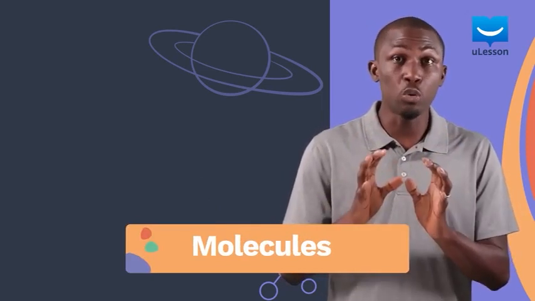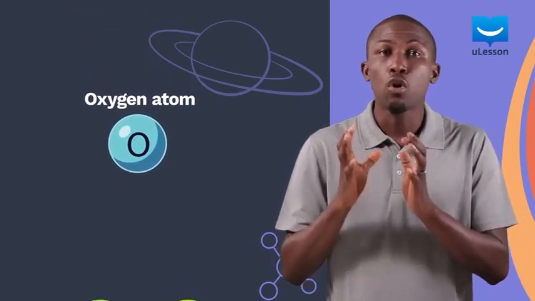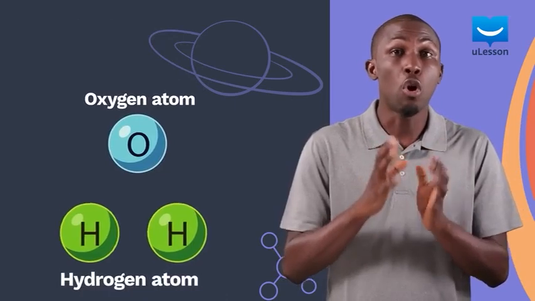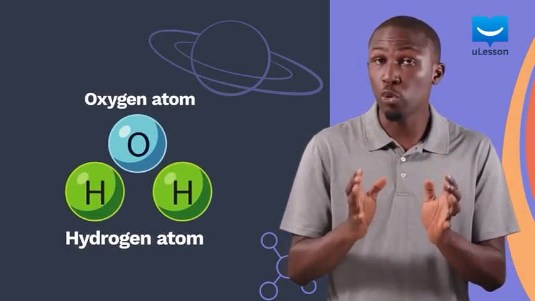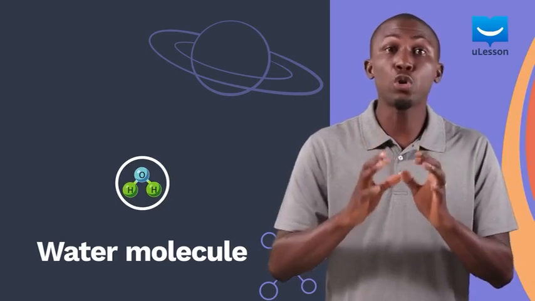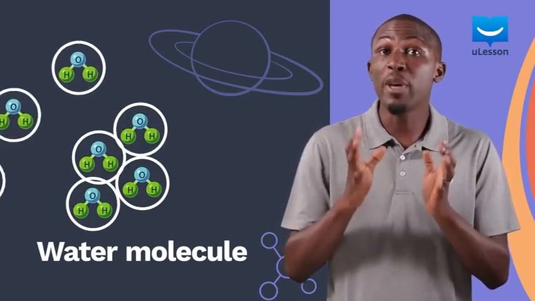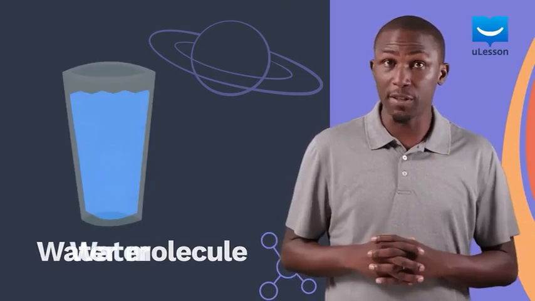These molecules can combine to form a large amount of a substance. Let's take water for instance. An atom of oxygen combines with two atoms of hydrogen to form what we call a water molecule. This molecule also combines with many other water molecules to become a quantity of water as we know it.